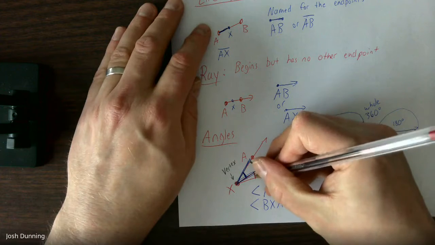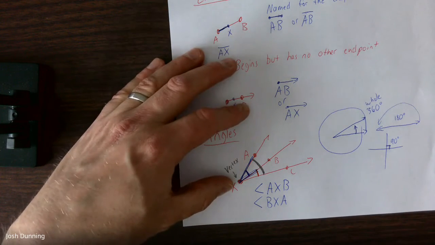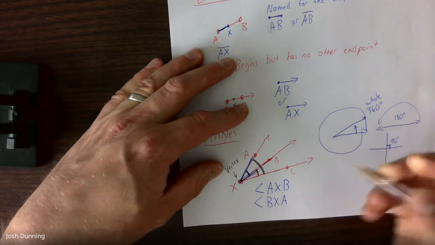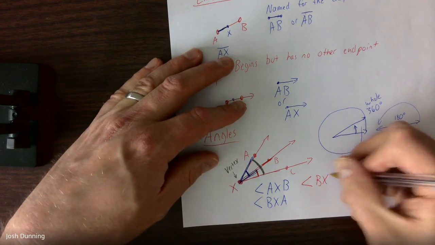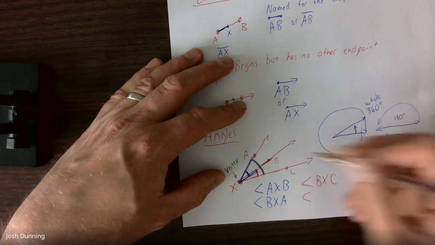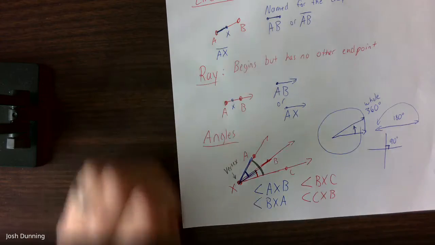Now the smaller bottom red angle here then, X has to be in the middle. It's still the vertex. This one is BXC. So the red angle, I'm trying to color coordinate this all for you, is BXC, or it could be CXB. The vertex has to be in the middle.